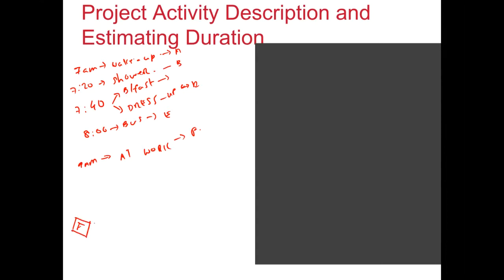I need to wake up before doing anything, and this is followed by activity B. Then after B, we're doing two activities simultaneously, which involves activity C and D. And once we have done that, it is activity E and F. Now this basically indicates the logic of how I would achieve my very small accomplishment of getting to work at sharp 9 a.m.